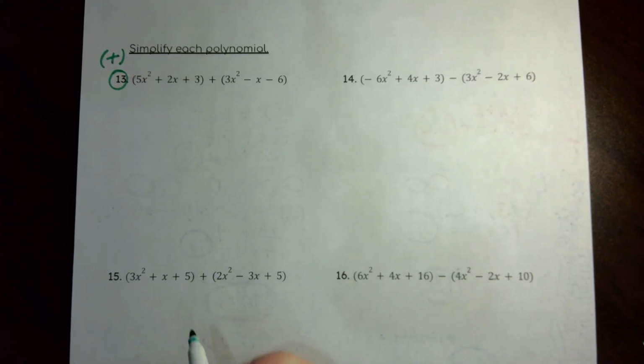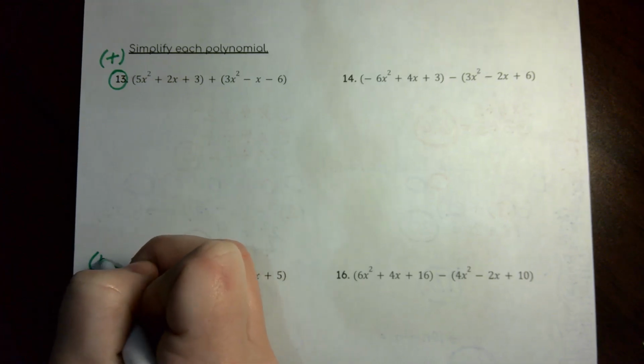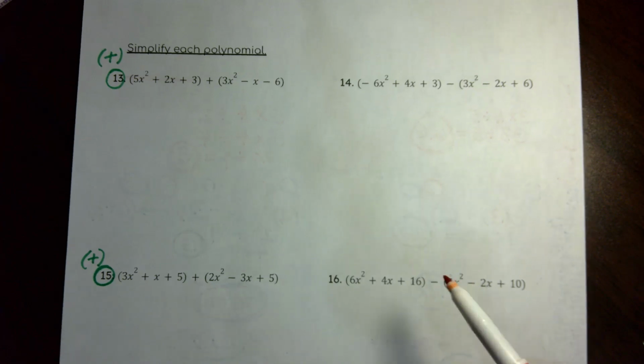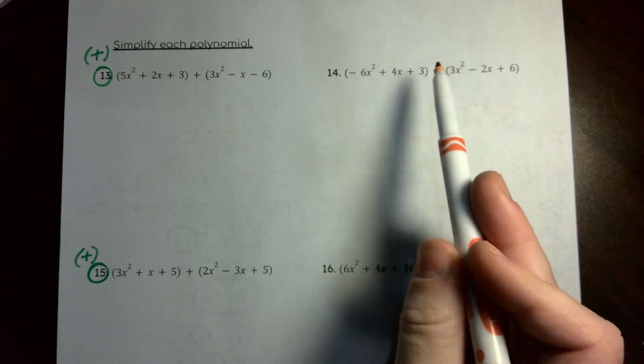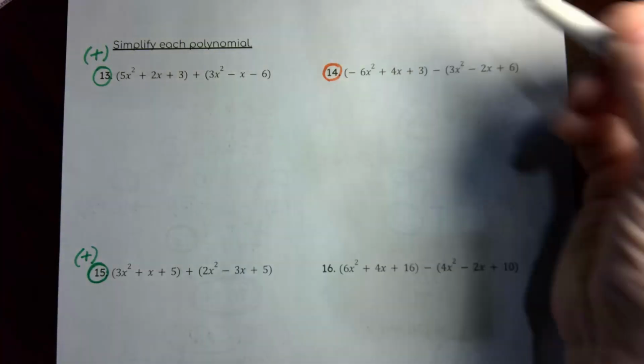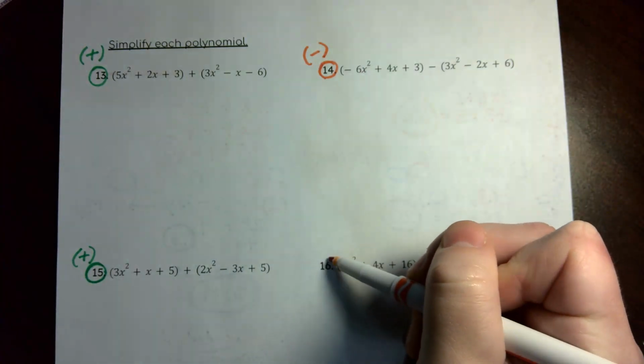There's a plus sign. That means you are not distributing negative here. So 13 and 15, those are addition problems. Then we can look at number 14 and 16, and we see those both have minus signs in the middle. They are subtraction problems. So the first step on these is going to be to distribute your negative.